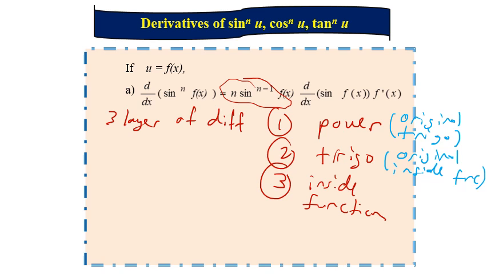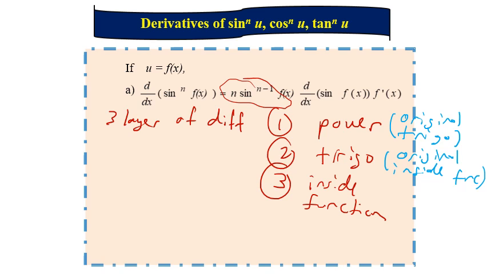So remember, for differentiation, we have to differentiate accordingly. We go layer by layer and do not differentiate all at once. I repeat once more, in this kind of situation, we differentiate layer by layer. The first one, we differentiate the power, so the trigo function remains. Second, we differentiate trigo, so the inside function remains.